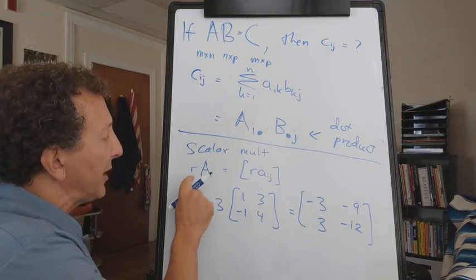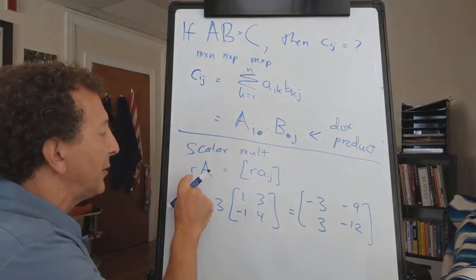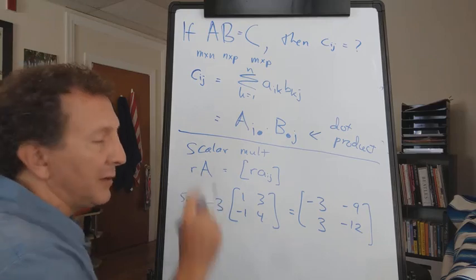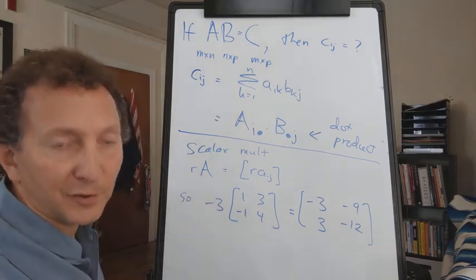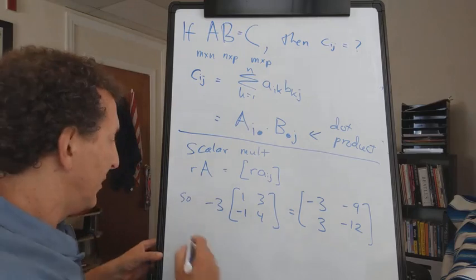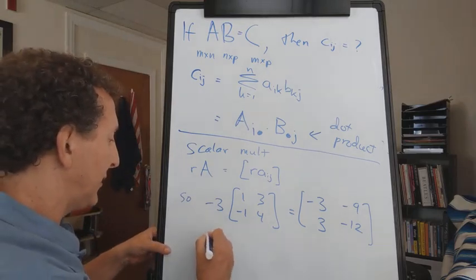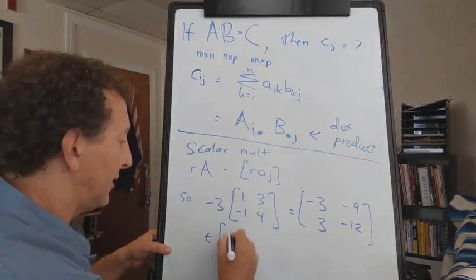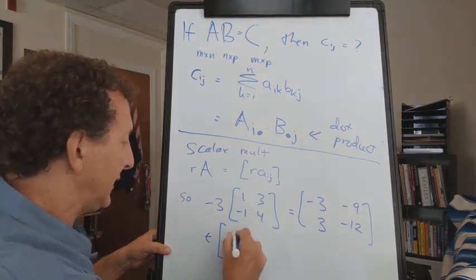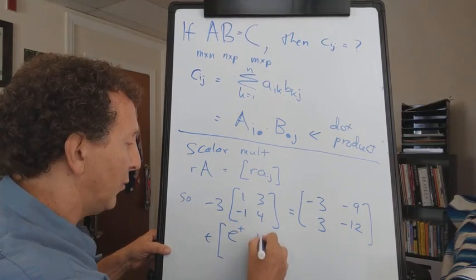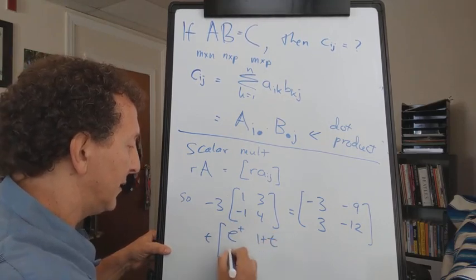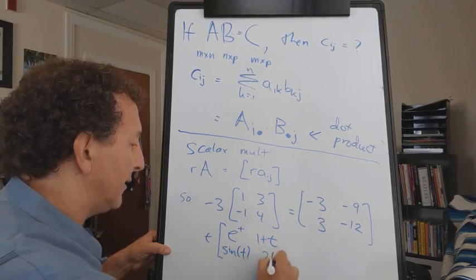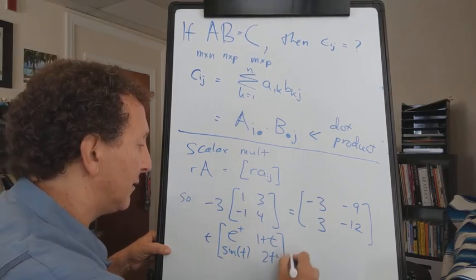And I guess we could look at scalar functions of a variable if the entries of the matrix are also functions of a variable. So for example, we could have t times the matrix e to the t, 1 plus t, sine t, and 2t squared.